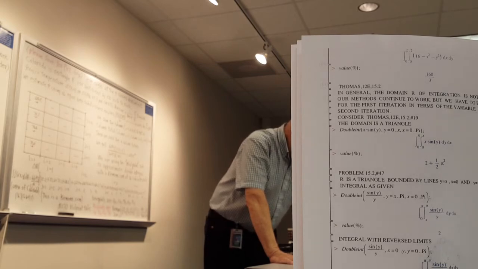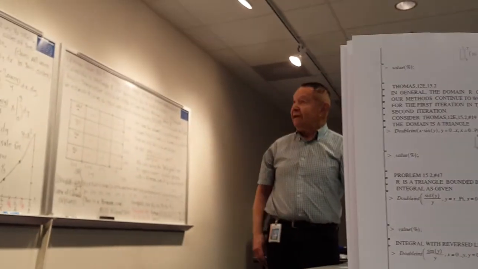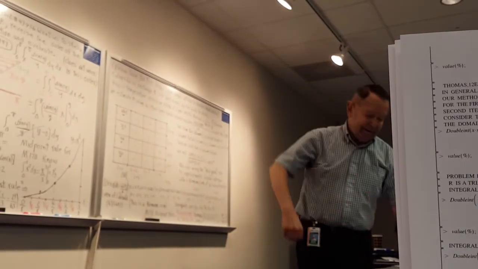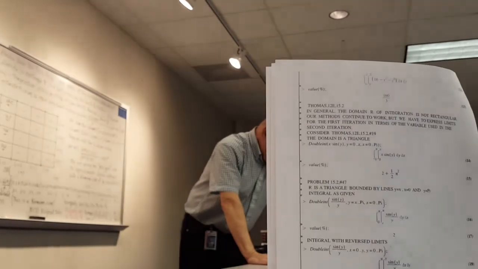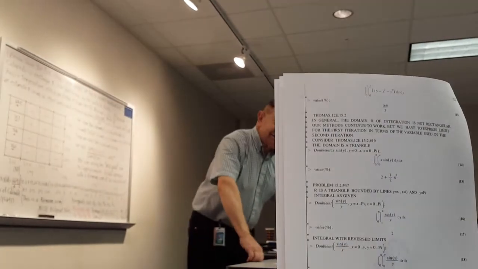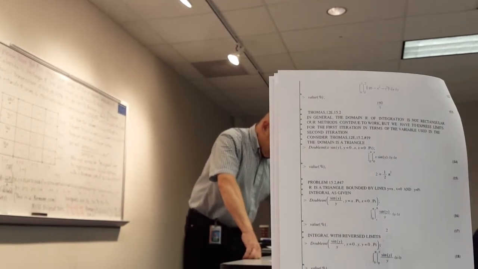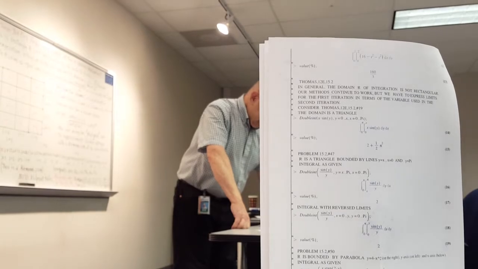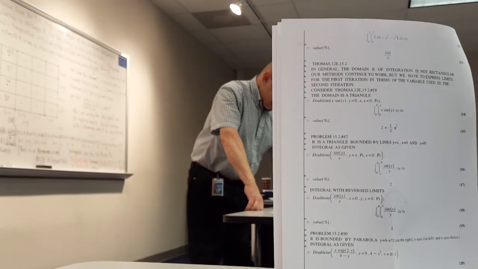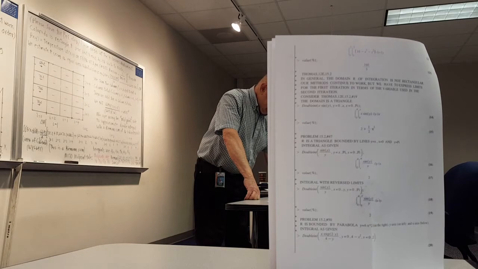So then look at 47. So let's see, we have that over there by the corner. So it's a triangle bounded by the lines y equals x, x is 0, and y equals pi. And so first I have this integral typed, line 16, and then the value is 2.